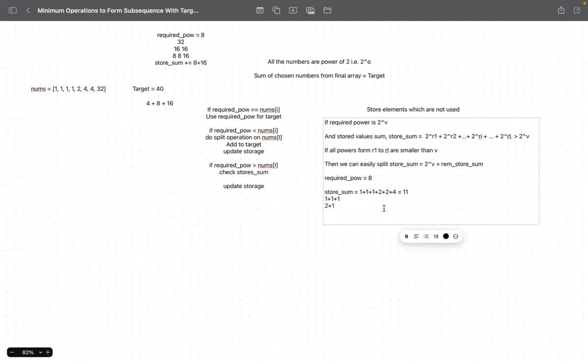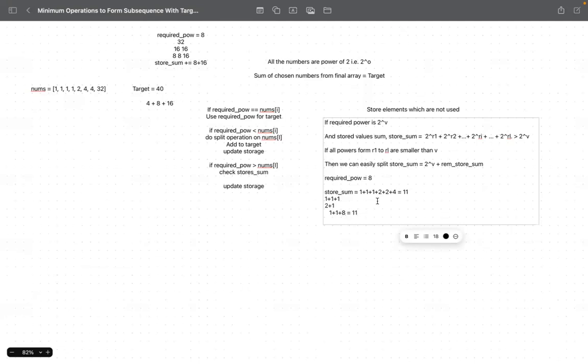And in the same way, if you do something mischievous, like instead of this store sum, you are having 1 plus 1 plus 8. Obviously this is not our approach. So in case this is the value and this is coming to 11, okay, let's make it something different.